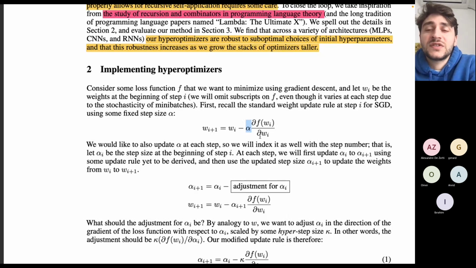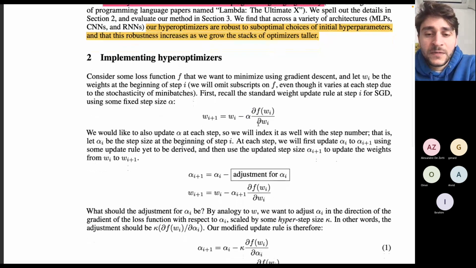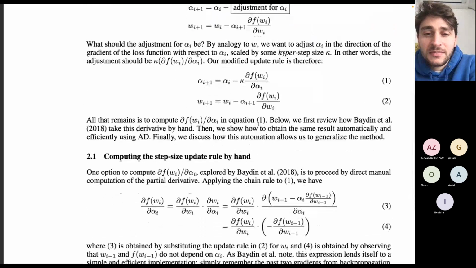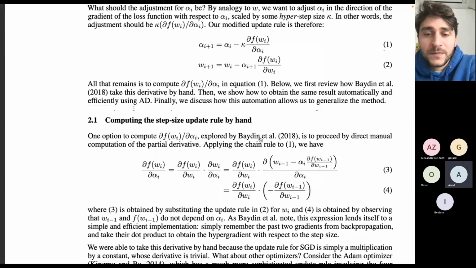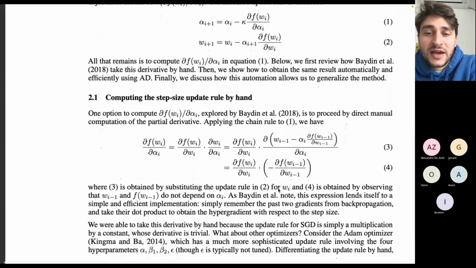well, the first question is can you differentiate your loss function with respect to alpha. And there's a paper by Baydin, written in 2018, where he showed how to calculate the gradient with respect to alpha, using your loss function and your current weights.